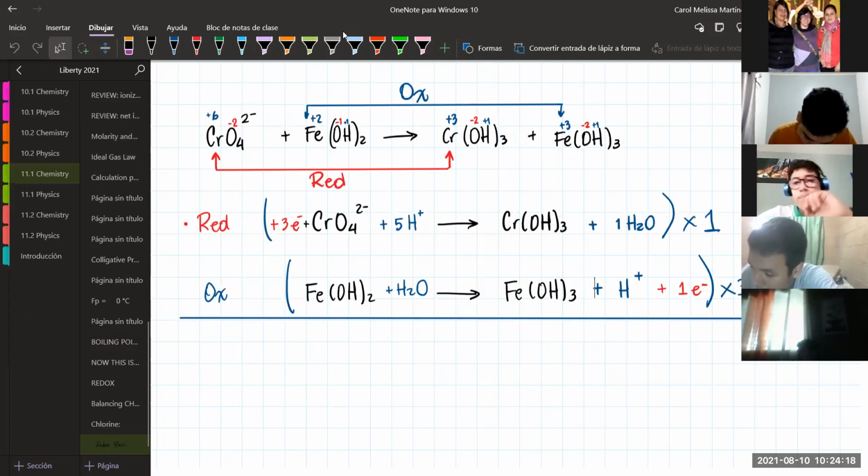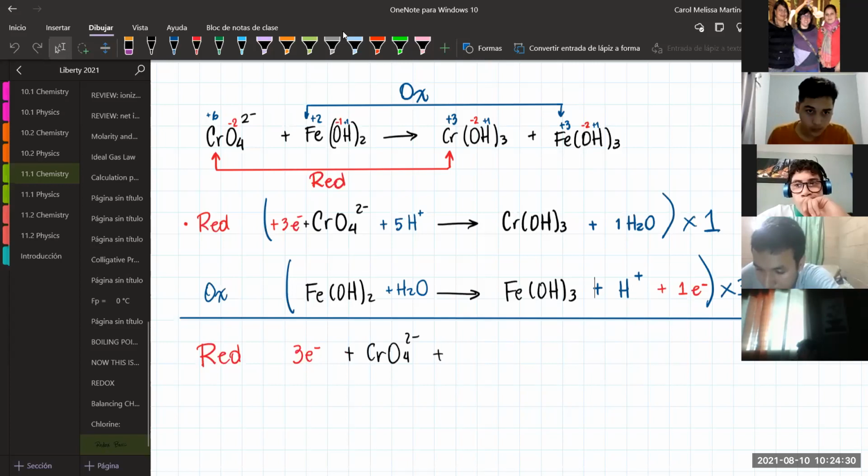Now, as a result, the reduction is going to be the same. We're going to have 3 electrons. We're going to have chromate. And we're going to have 5 H plus ions producing the rest.